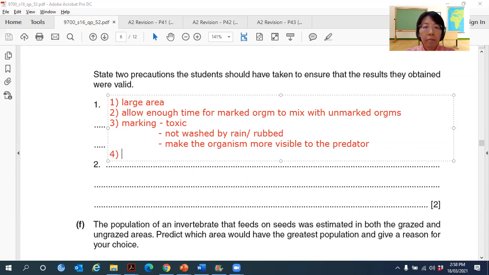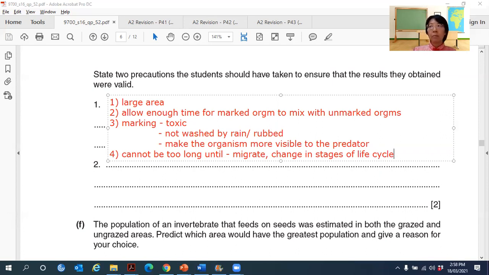Okay, allow enough time. Now you allow enough time for them to mix, but it cannot be too long until this organism disappears from that area, until they migrate away. Okay, or they've changed in stages of their life cycle. Now, change in stages of life cycle means what? For example, you want to sample tadpoles.